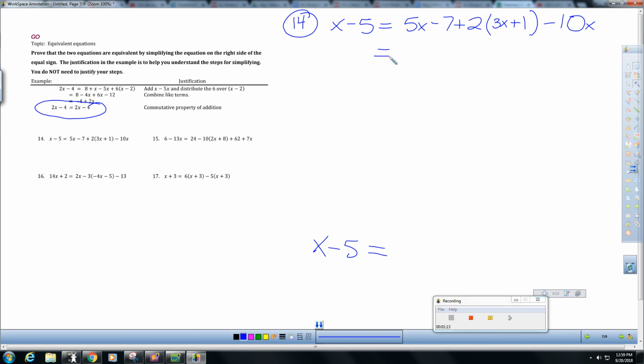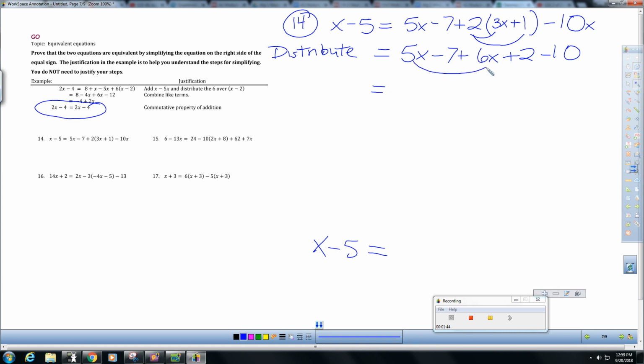So I'm going to do 5x minus 7 plus, I'm going to distribute 6x plus 2 minus 10x. And what I did here was distribute. I don't need you to write distributive property of equality, whatever. Okay? All you need to do in life is justify what you're doing. Hopefully your justification is acceptable.